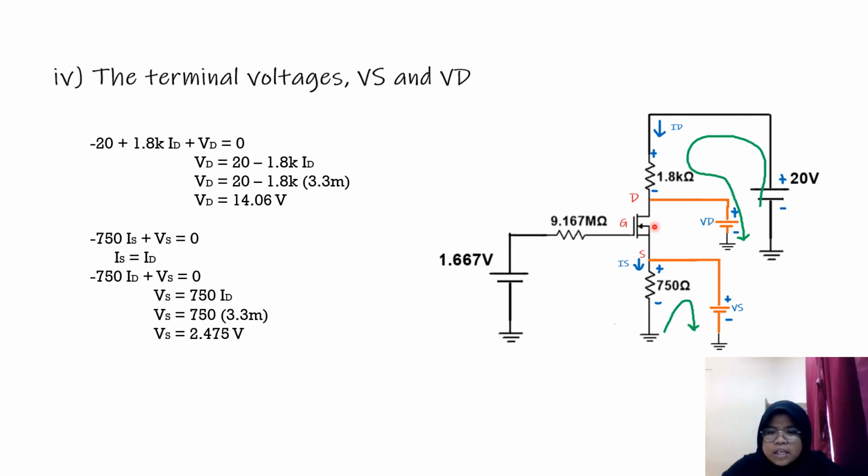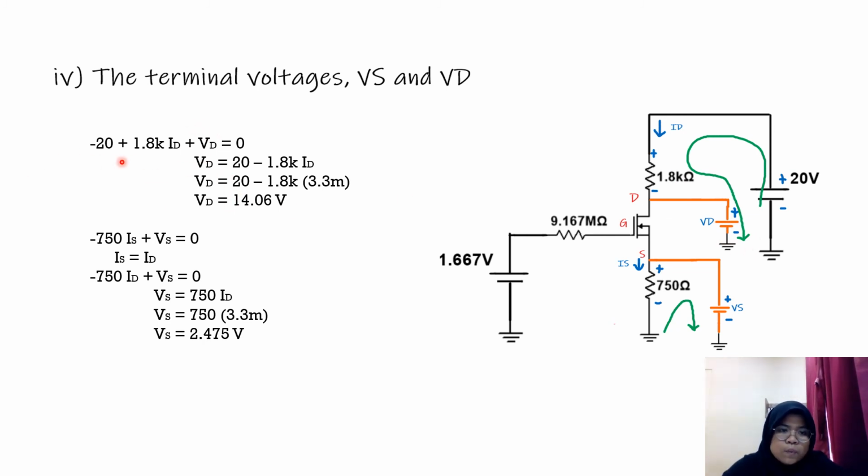So the last question is to determine the terminal voltage Vs and Vd. To find Vd, we have to put virtual voltage Vd at the drain. So at this loop, we can use a KVL method to find the value of Vd. It will start with a negative 20 volt plus 1.8k ID plus Vd equal to 0. So we want to find Vd.